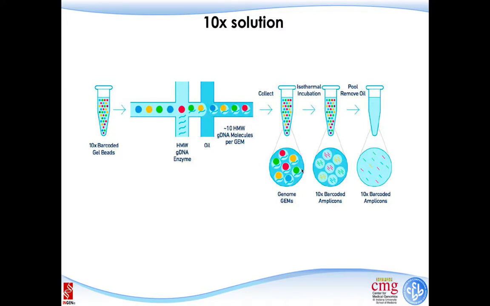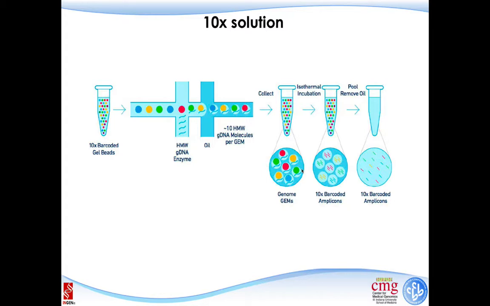So one way to do that is to use the 10x Genomics sequencing instrument that we have in our center. If you look at this, these are the beads, and the beads are going to be pushed in this direction.